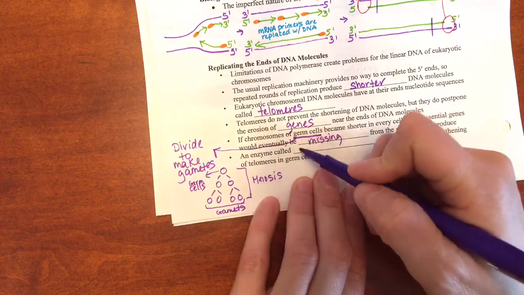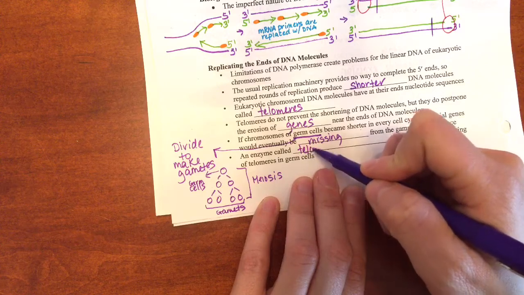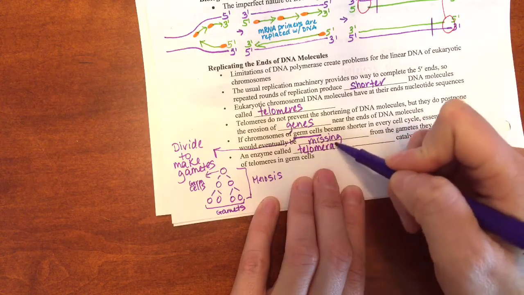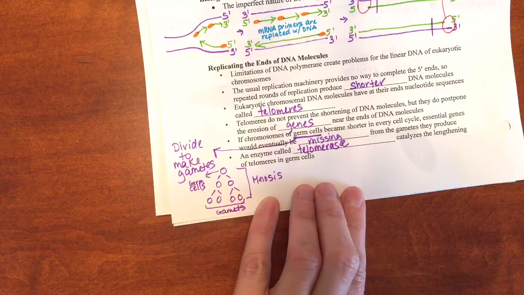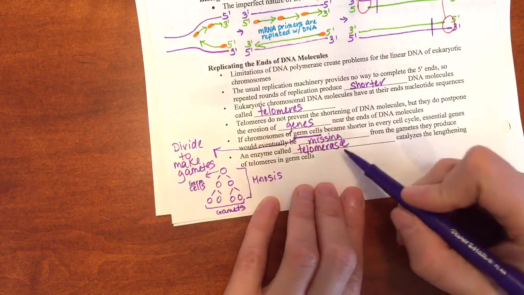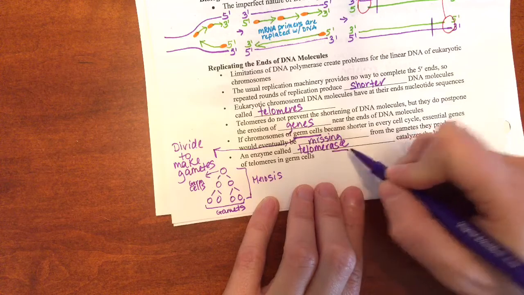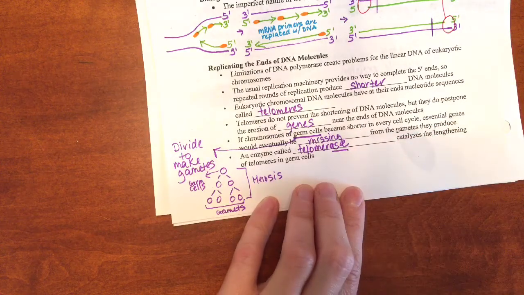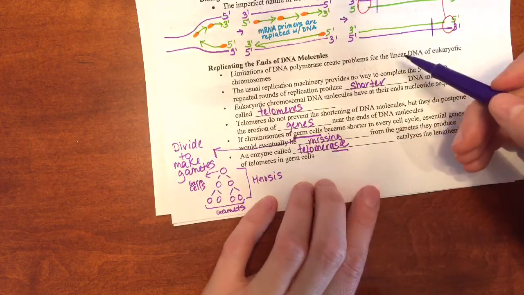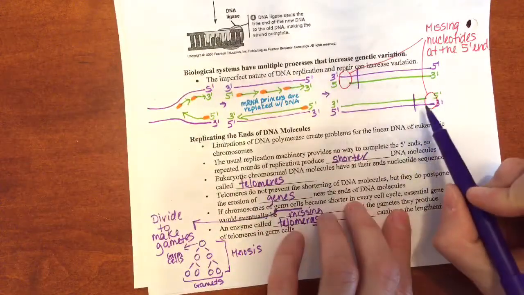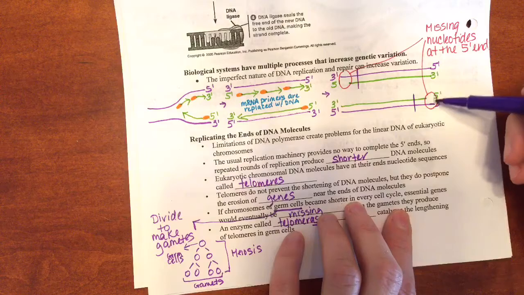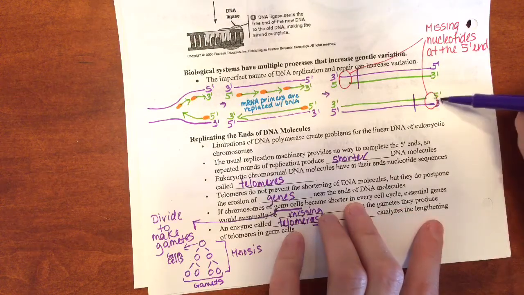So an enzyme called telomerase catalyzes the lengthening of telomeres in germ cells. So we have this special enzyme, remember ACE is the enzyme, special enzyme that just in our germ cells takes any shortening, and telomerase can add nucleotides to the end and fix it.